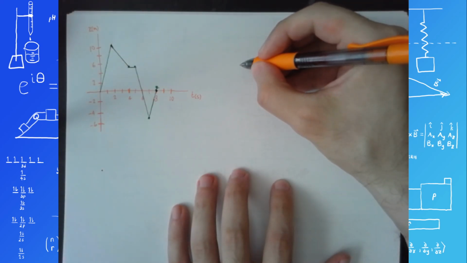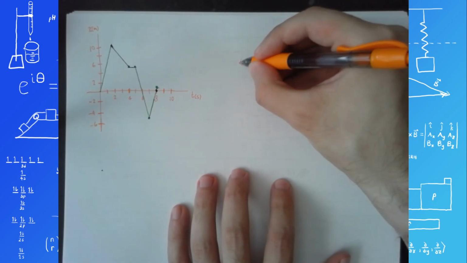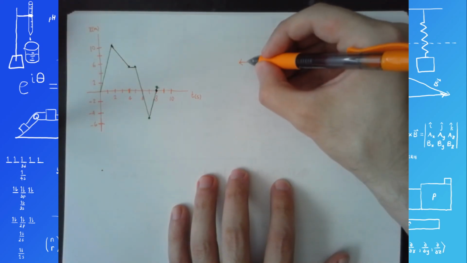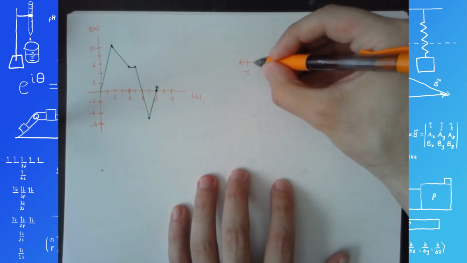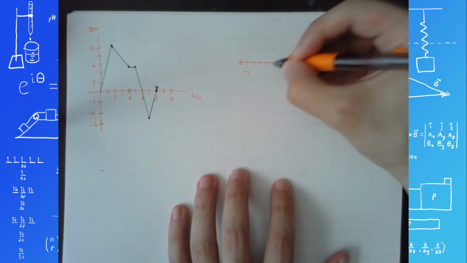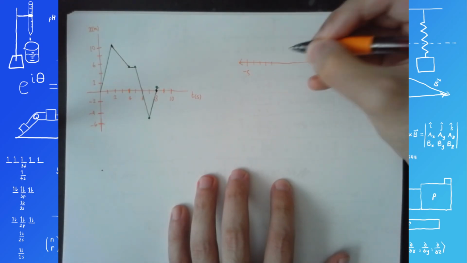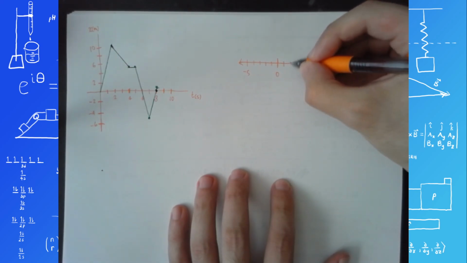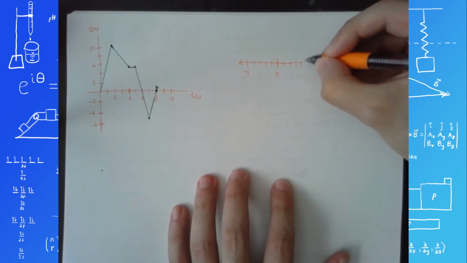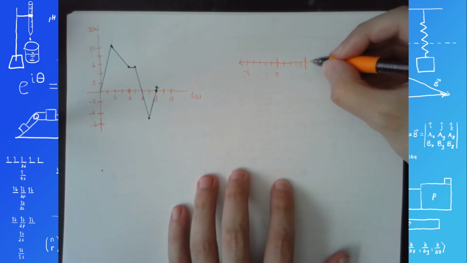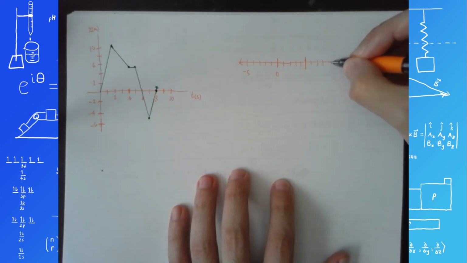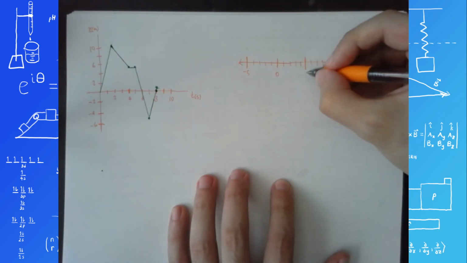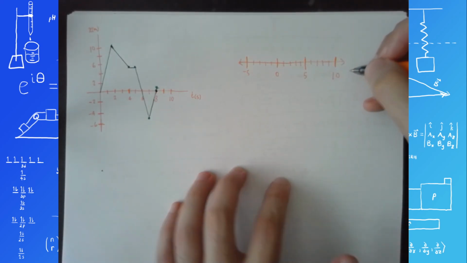So let's see, they go from -5 to 10. -5, 4, 3, 2, 1, 0. 1, 2, 3, 4, 5, 6, 7, 8, 9, 10. Okay.